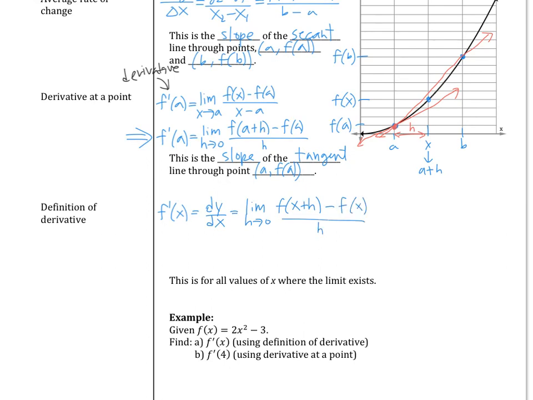You can see that this formula is almost exactly the same as the other formula with a. We just substituted a with x because we're not looking at a specific point a, we're just looking at a very general x. This is also a formula you have to memorize.